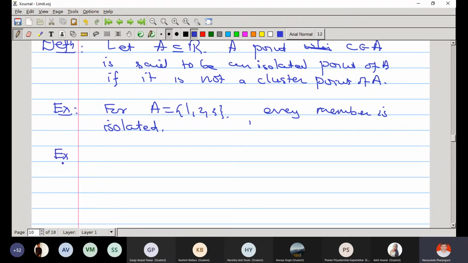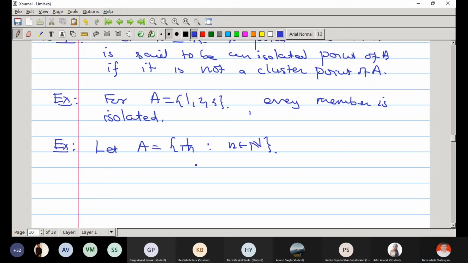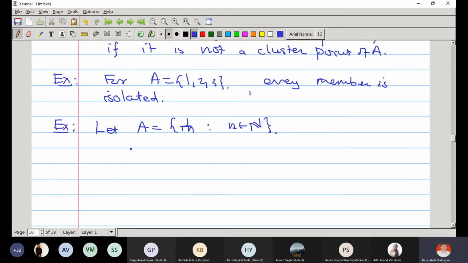Now there is a very interesting example. Let A be equal to 1 by n. So look at this set. n is a natural number. Now do you understand what is this set? Yes, sir.